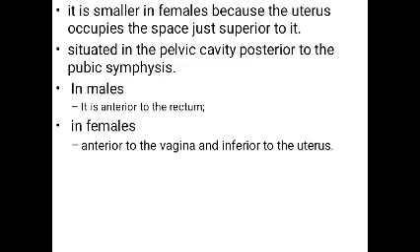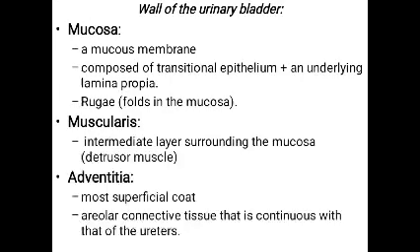It is smaller in females because the uterus occupies the space just superior to it. It is situated in the pelvic cavity, posterior to the pubic symphysis. In males, it is anterior to the rectum. In females, anterior to the vagina and inferior to the uterus.